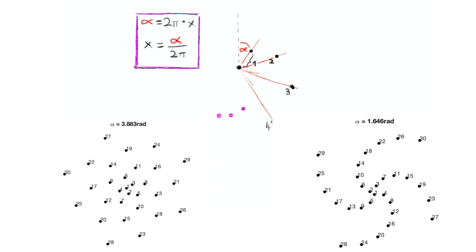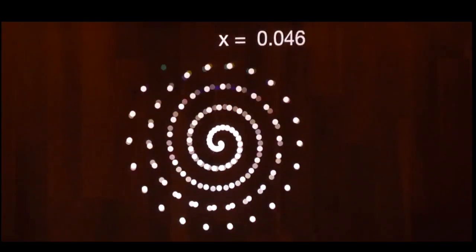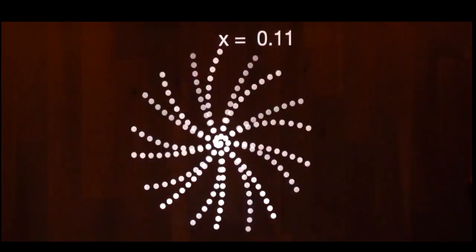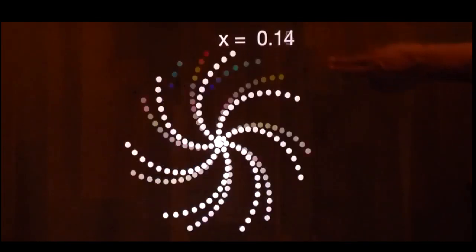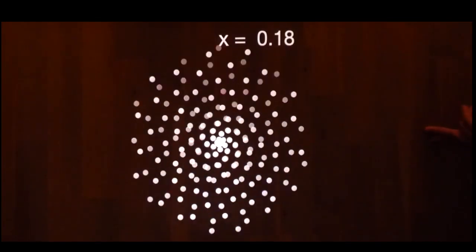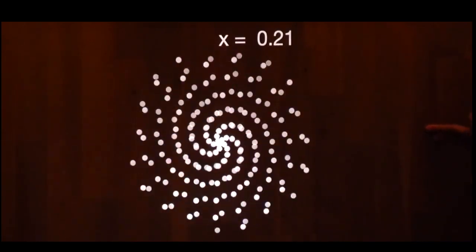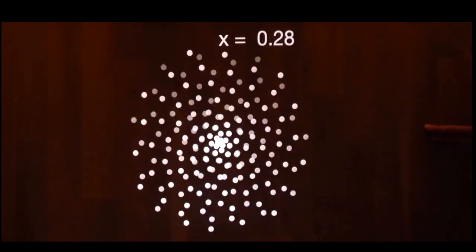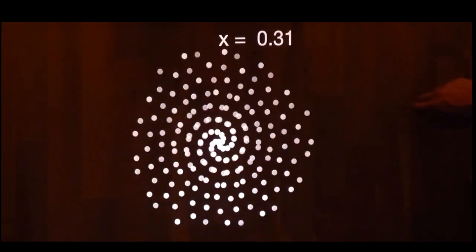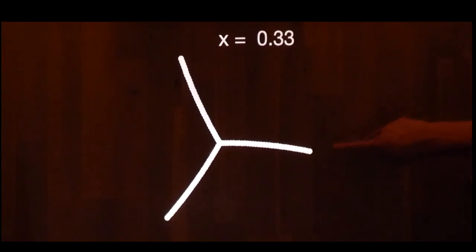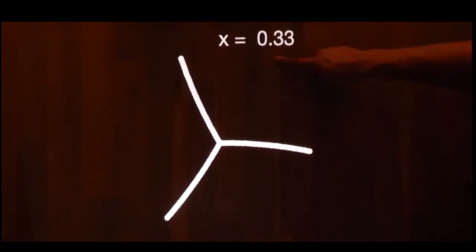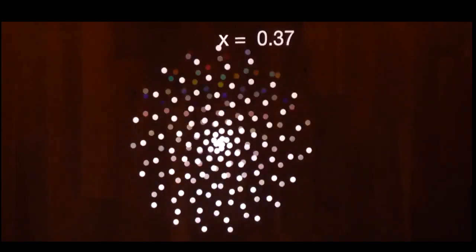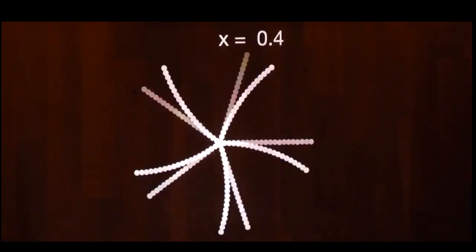The result is as follows. We see that for x about 1/3, the spiral arms form an ordinary pattern. Now we let the video run on.